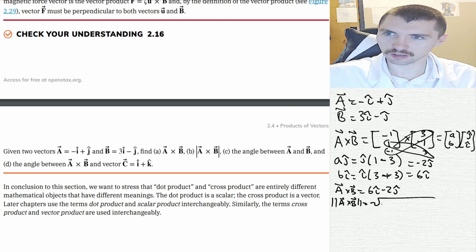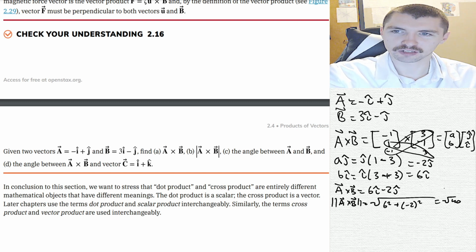Equals 6 squared plus -2 squared. So 36 plus 4. Square root of 40 is our magnitude.